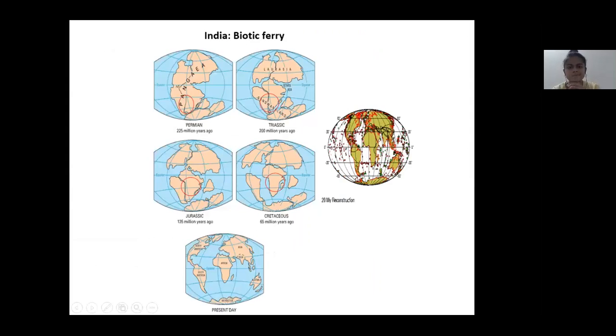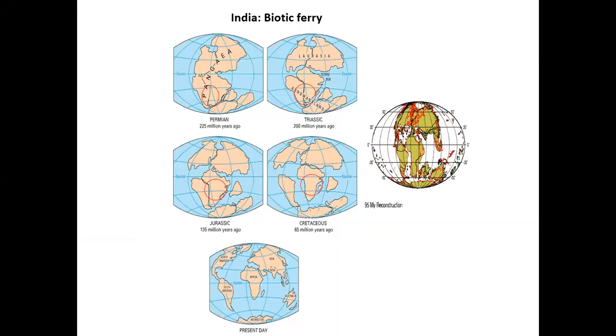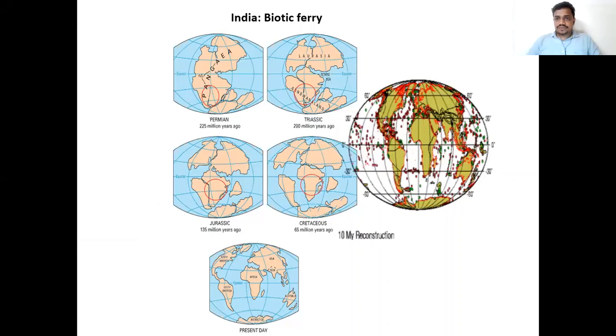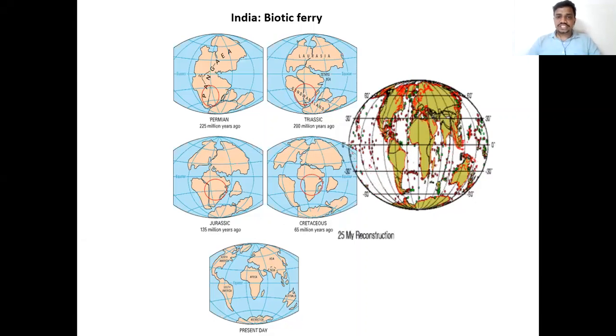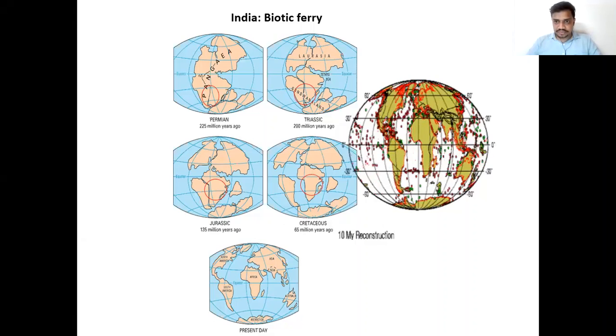For approximately 50 million years, India was an island, and floral and faunal changes were evolving. From there, it collided with the Eurasian plate, the Laurasian plate.